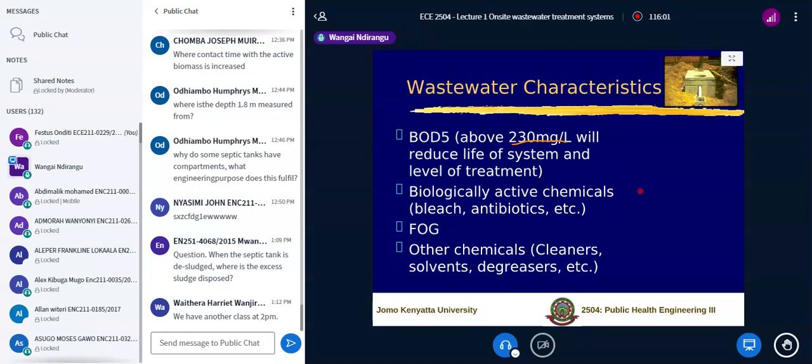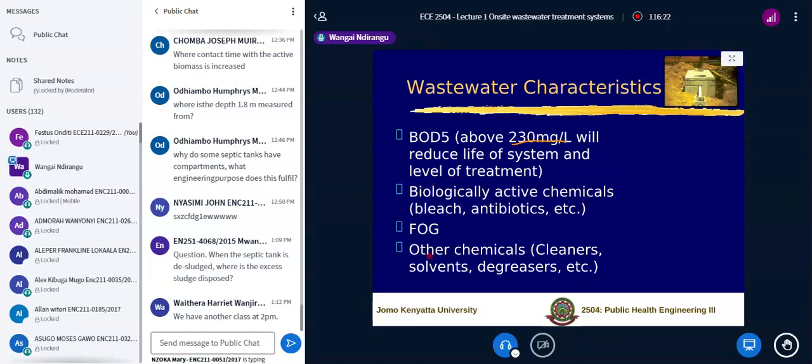When the water starts getting above 250, 350 especially, then that is a high strength water. It means that the risk of overloading by mass is very high. When you come to the example, we will see this.